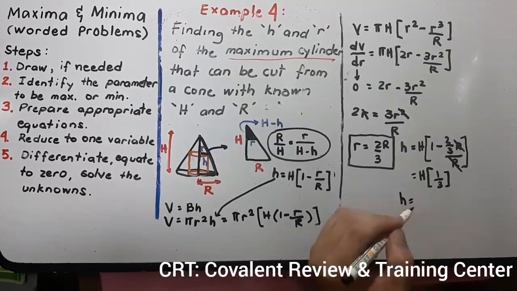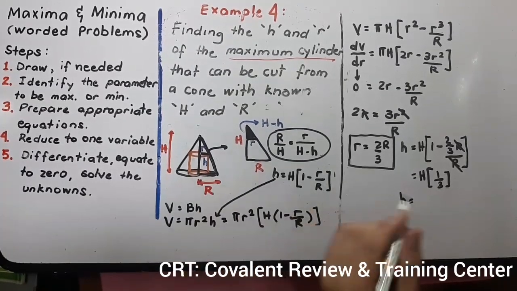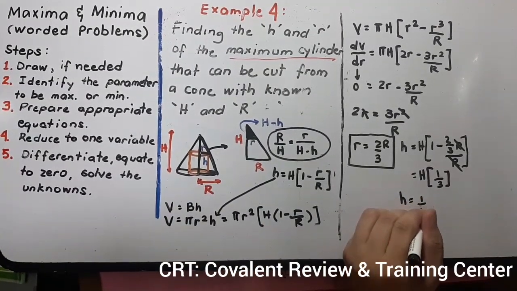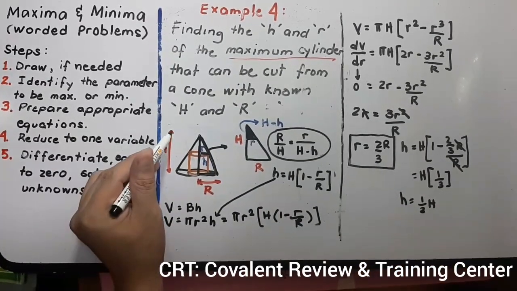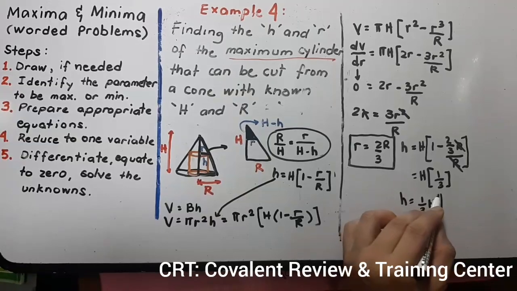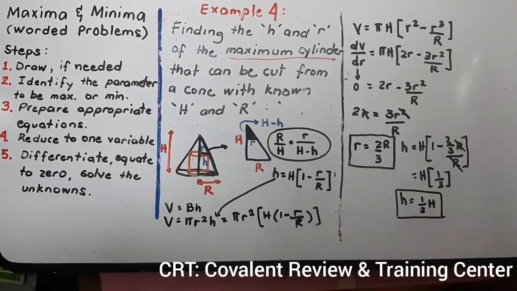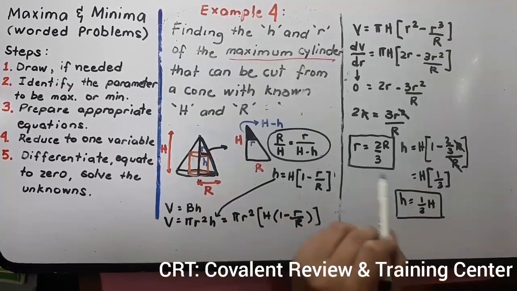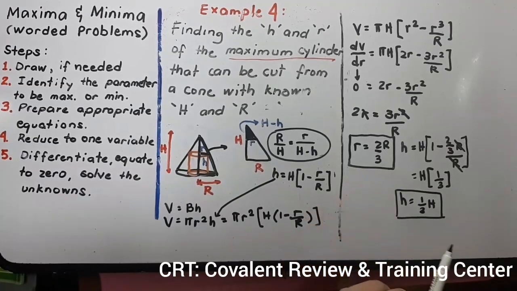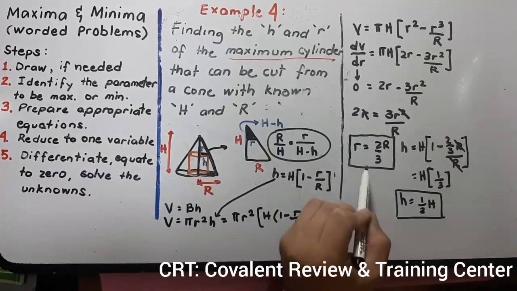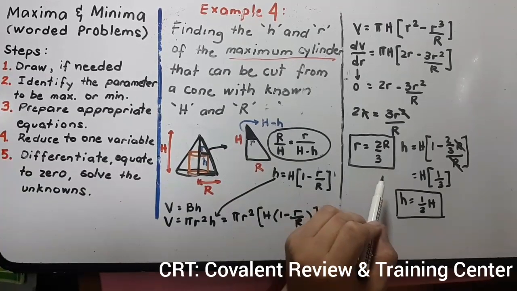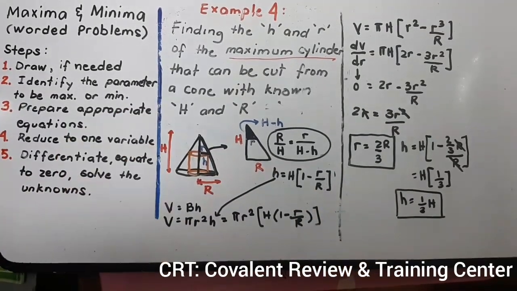Therefore, small h, which is the height of the cylinder, is equivalent to 1/3 of capital H. Capital H is the height of the cone. So this is simply, small r is 2/3 of capital R, small h is 1/3 of capital H. These are the shortcuts for this type of problem.